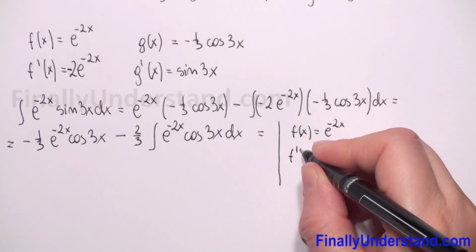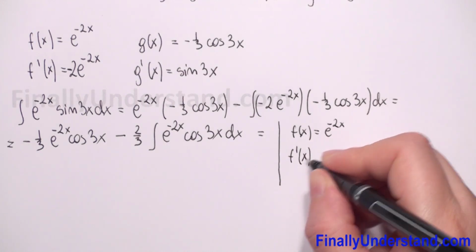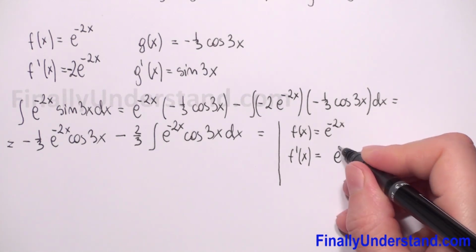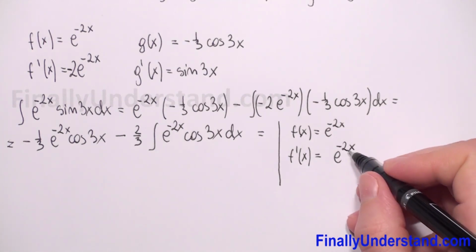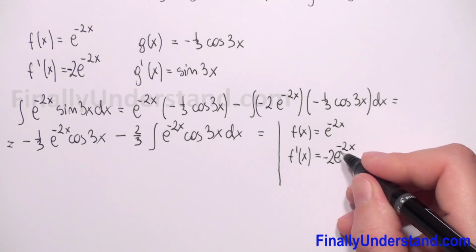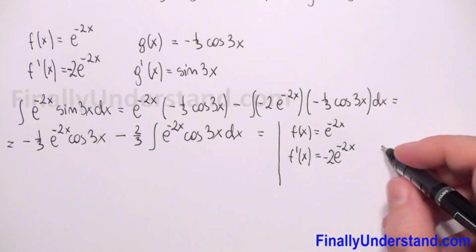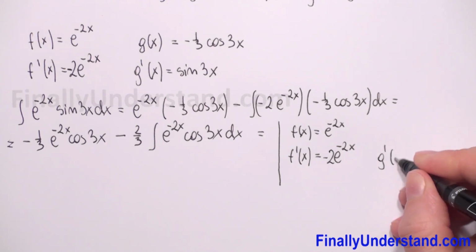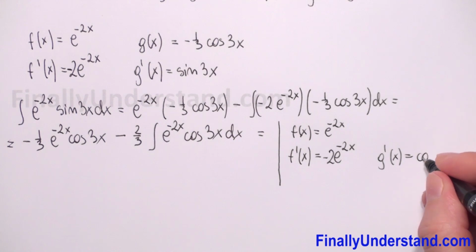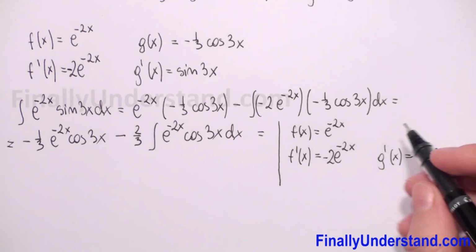Again, I will put f of x equals e to power negative 2x. F prime of x is equal to, we have to copy e to power negative 2x, and the derivative of negative 2x is negative 2. I will put it at the beginning. Now g prime is what is left, our cosine 3x.